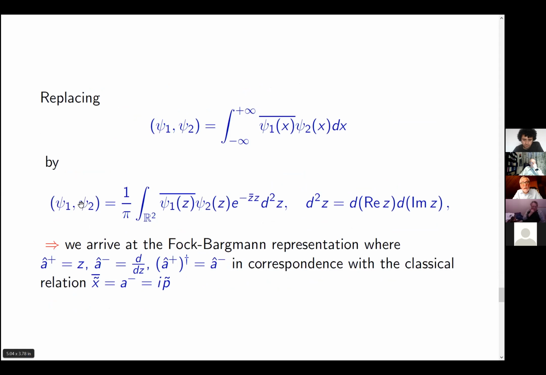Then if we replace the standard definition of the scalar product, which corresponds to integration over a real line, with the scalar product corresponding to the Fock-Bargmann representation, we see that the A plus and A minus operators, given by multiplication and differentiation in the complex variable z, are mutually Hermitian conjugated with respect to this Fock scalar product. And this corresponds to the observation which I indicated at the classical level.